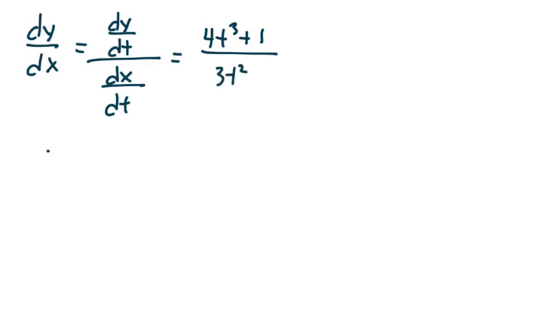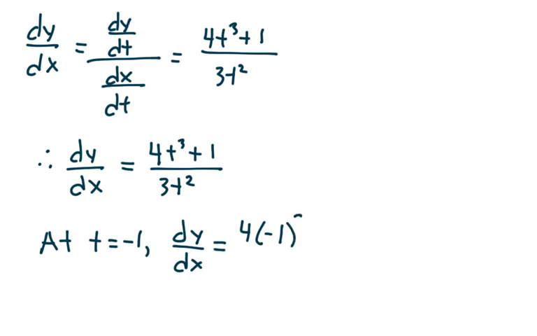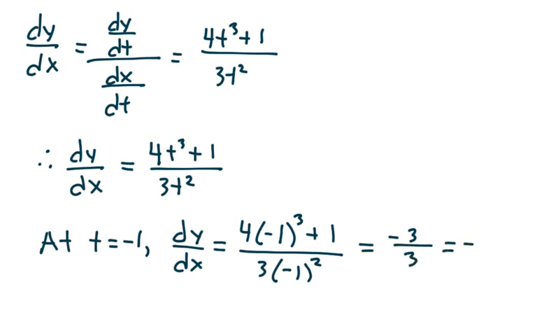Okay, so therefore, dy dx is 4t to the third plus 1 divided by 3t squared. Now, at t equal negative 1, dy dx is 4 times negative 1 to the third plus 1 divided by 3 times negative 1 squared, which is negative 3 divided by 3, which is negative 1.